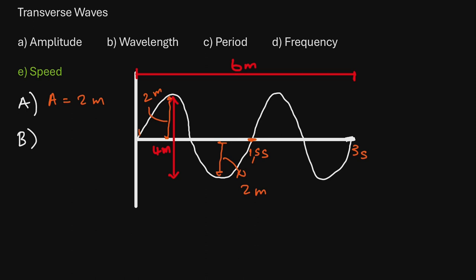So now when we talk about the wavelength, we also need to understand what a wavelength is. A wavelength is the distance it takes to complete one wave. If you look at our wave here, from the starting point, we are going to complete half of a circle and the other half of a circle.